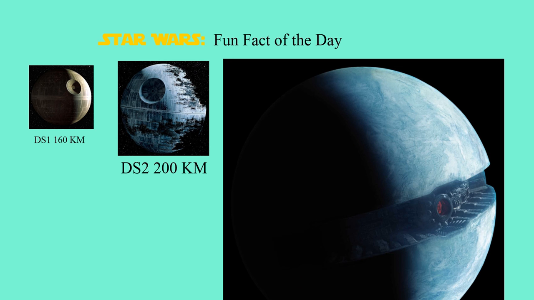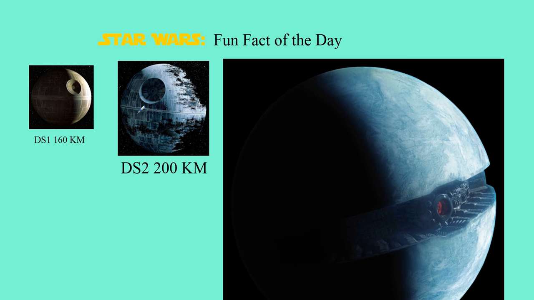So here is my Star Wars fun fact of the day, and just some size comparisons of the spherical Death Star space platforms. We have DS1 from Episode 4, A New Hope. It was 160 kilometers wide.